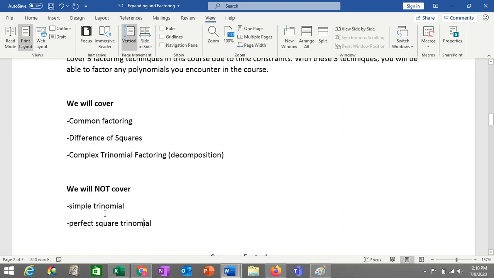These are nice little extras, but you can factor both of these types of situations using the complex trinomial method. I recommend that you learn these before you go to grade 11 because this method is slow and painful sometimes, and it can be really hard if you have a large perfect square trinomial to see how to do it this way. So if you know these techniques, it's going to be that much easier to factor.